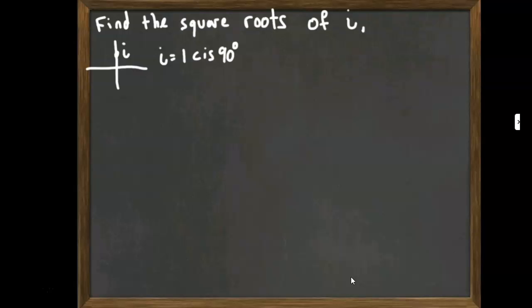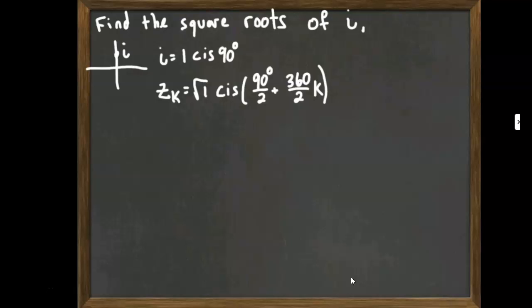And now we want to find the square roots of that. So to do that, we compute z_k, which would be the square root of 1 squared in the magnitude, cis 90 degrees divided by 2 plus 360 over 2 times k. We're dividing by 2 here because we're doing square roots or second roots.